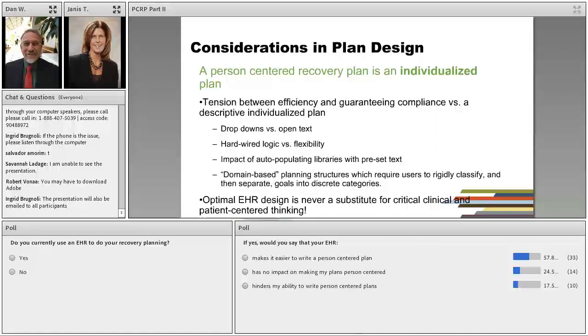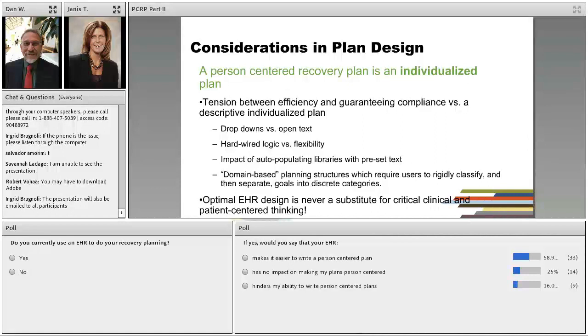The second piece is a hard wiring of logic, okay? And this often falls in, so how do you guarantee the golden thread? So for example, in your assessment, if you have a problem that hits a certain level, it automatically populates into a domain of the treatment plan. And I've seen that done, and it surely assures that you're keeping the golden thread and connecting, but it's not personalized.